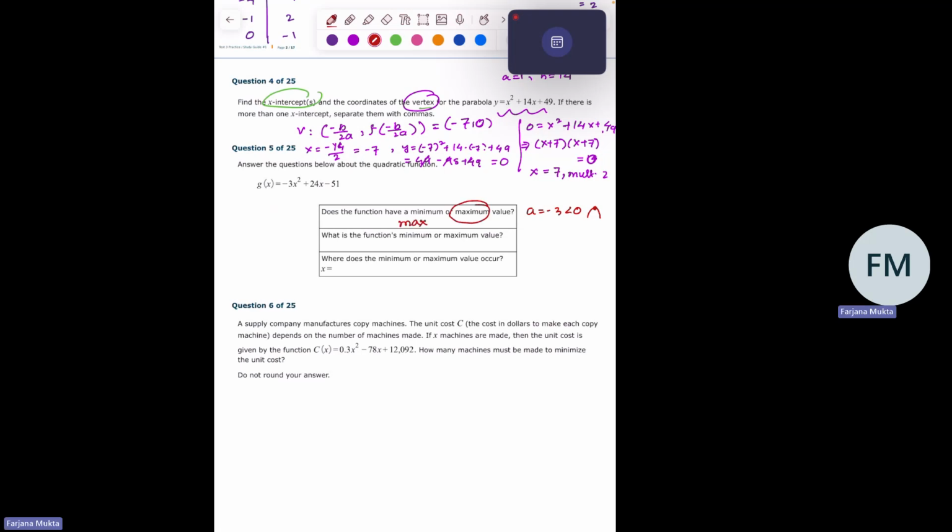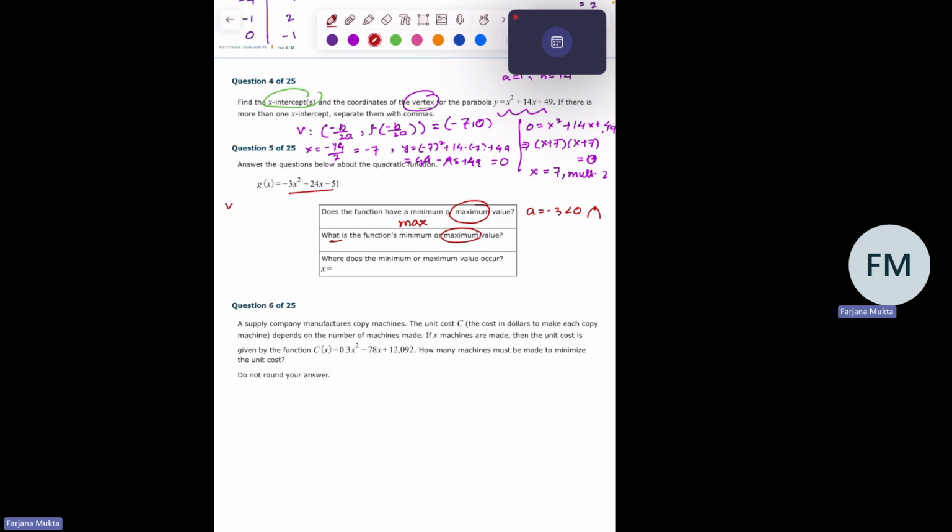All right, perfect. Now, what is the function's max or min value? First of all, we have a max. And what is the max value? It's going to be the y coordinate of the vertex. And please know that max or min, whatever is happening, happens at the vertex, right? So the first thing you need to find is the vertex of the parabola.